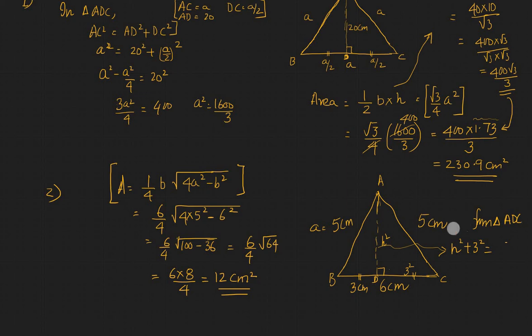So this side is 5 centimeters, so equal to 5 squared. And that will give you h squared as 25 minus 9, or h equal to square root of 16, equal to 4 centimeters.